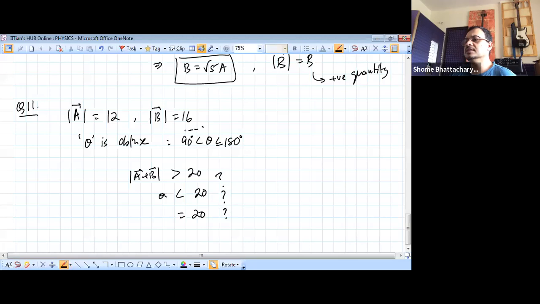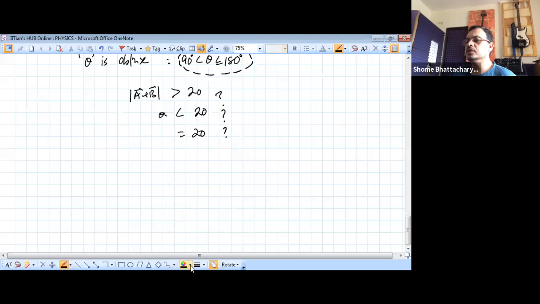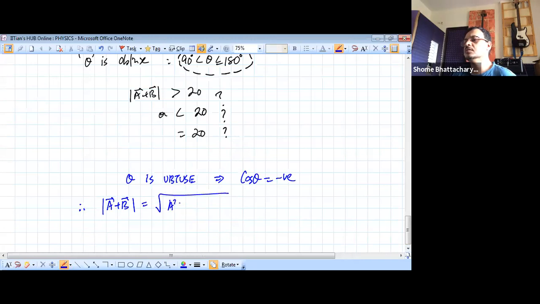So for that, we'll have to understand that because theta is obtuse, cos theta is what kind of quantity? It's a negative quantity. Theta is obtuse. So that implies over here that cos theta is negative. Therefore, magnitude of a plus b, which is root of a square plus b square plus 2ab cos theta, is equal to root of a square plus b square plus some negative quantity, because cos theta is negative.